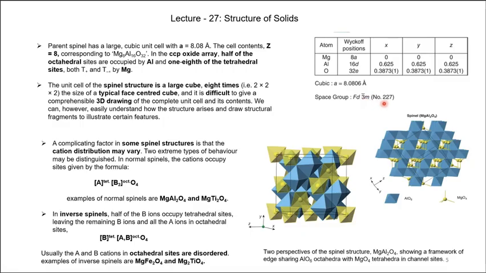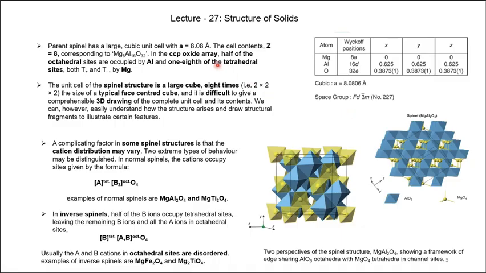The space group number is 227. Once we say the space group, we can immediately say that it is a cubic crystal system. The point group will then be m-3m, which shows that it's a cubic crystal system.